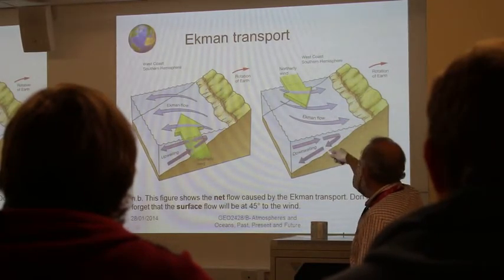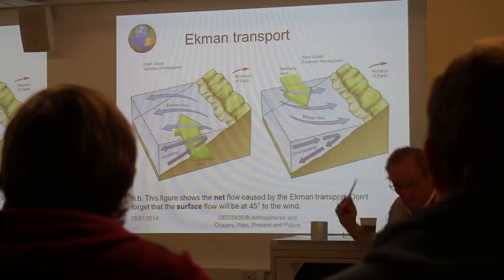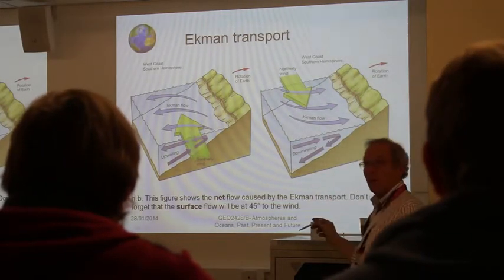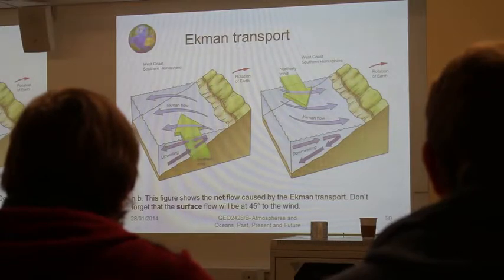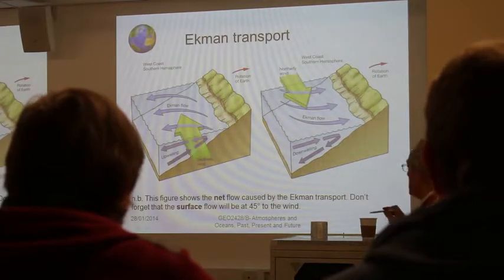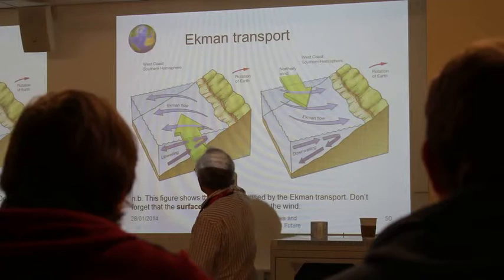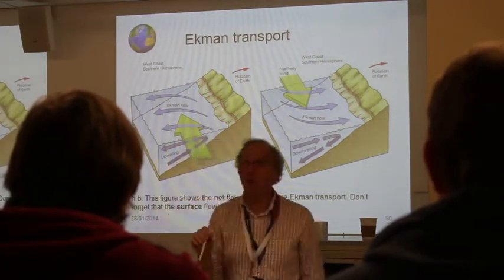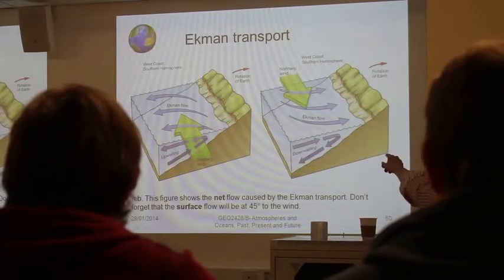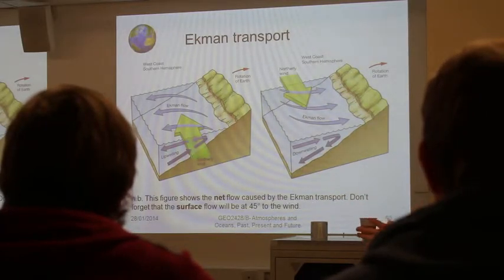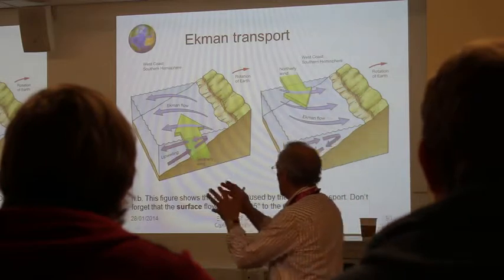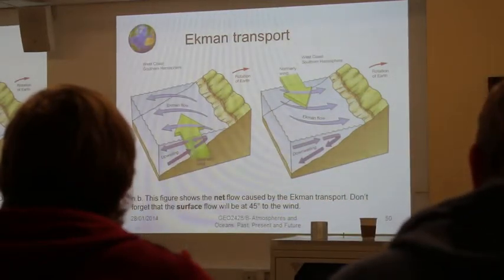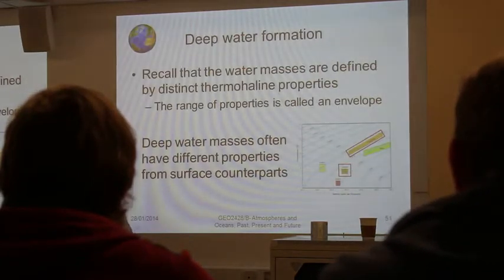So in other words, the flowing of the surface current is not following the direction of the wind. It's basically Ekman transport, 45 degrees to that, and it's all due to this frictional drag on the water column. And it's most noticeable as you get close to continents. As you go out into the deep ocean, it's only in the very uppermost bit that you begin to get any effect of Ekman transport.